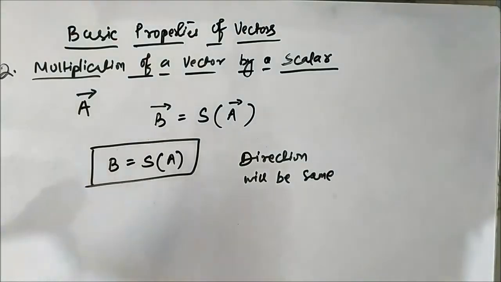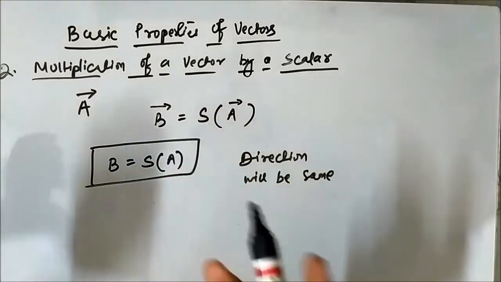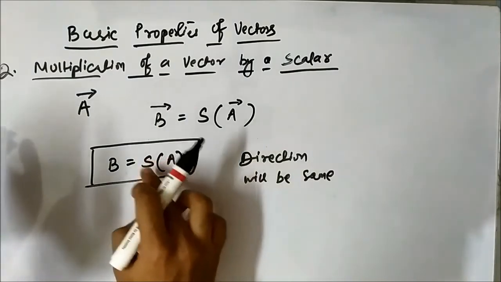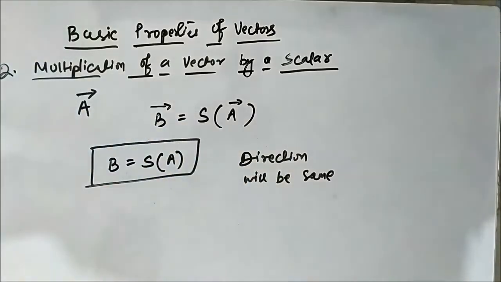If we multiply any vector A vector with a scalar quantity, let's say S, then the magnitude will become S times that of the original vector magnitude, but the direction will stay the same.